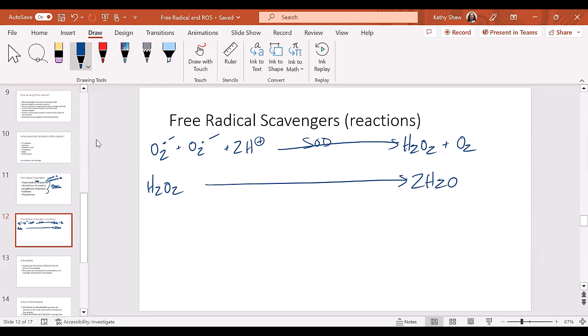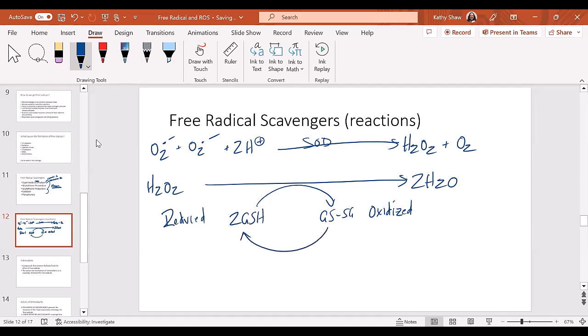While I do that, I'm going to take the reduced version of glutathione and oxidize it. So that was an oxidation, which allows me to reduce hydrogen peroxide to water. That's my reduction. I don't leave the glutathione alone.